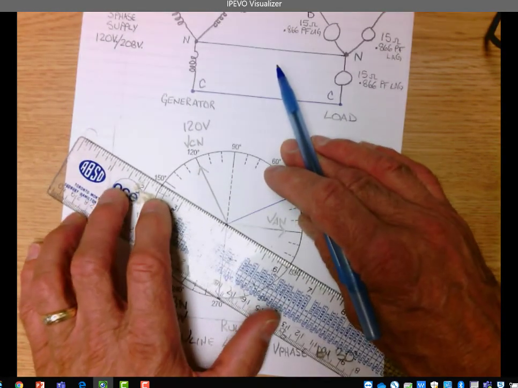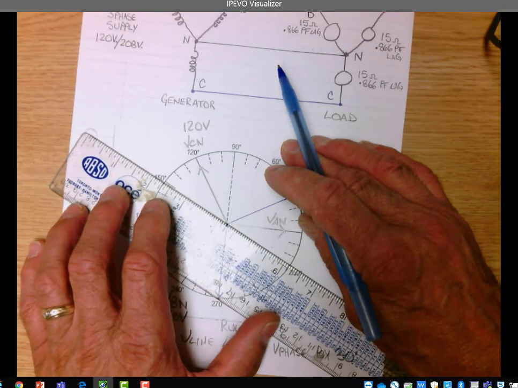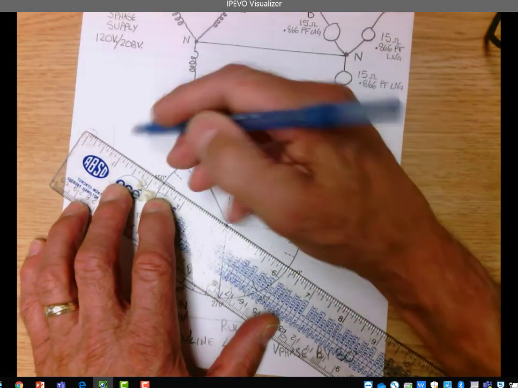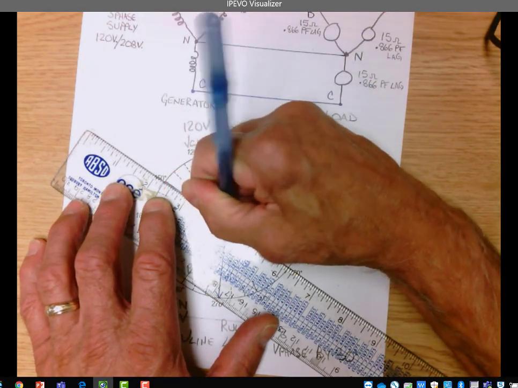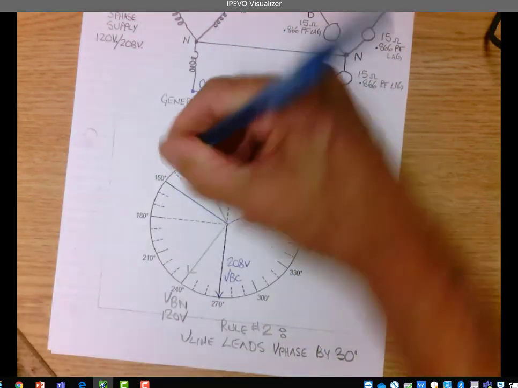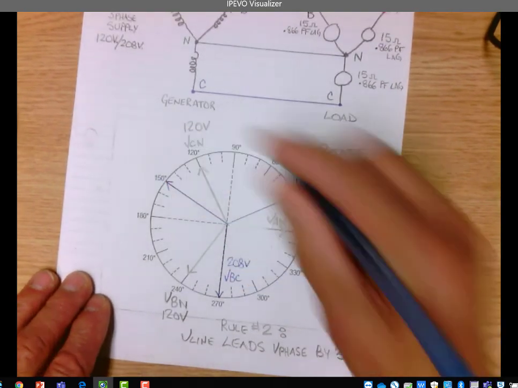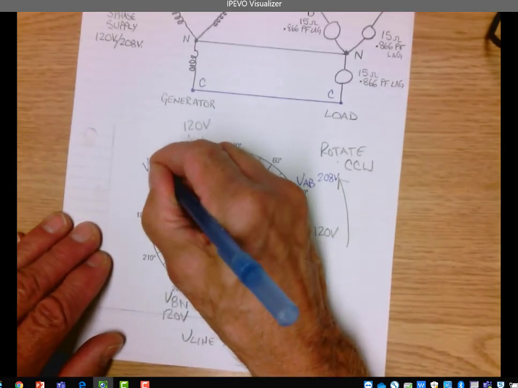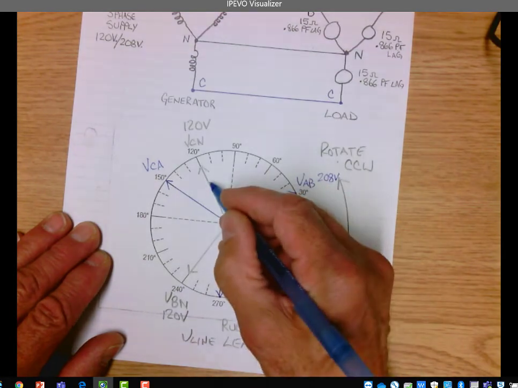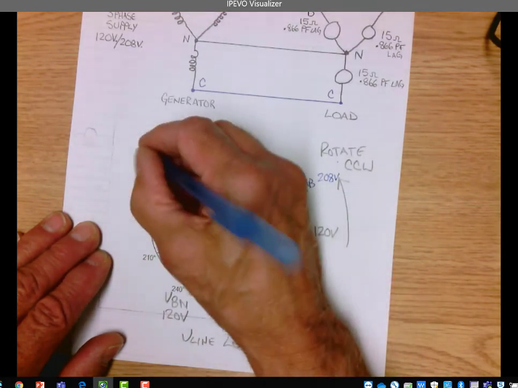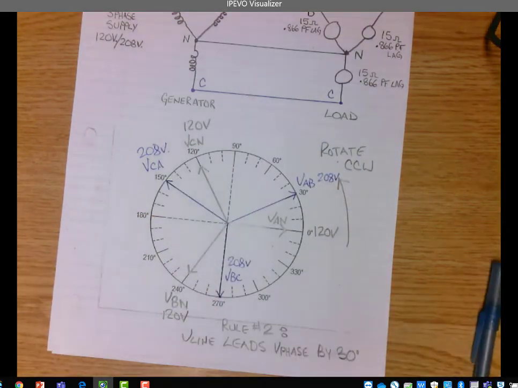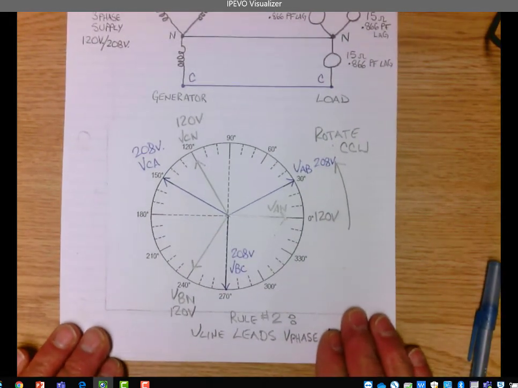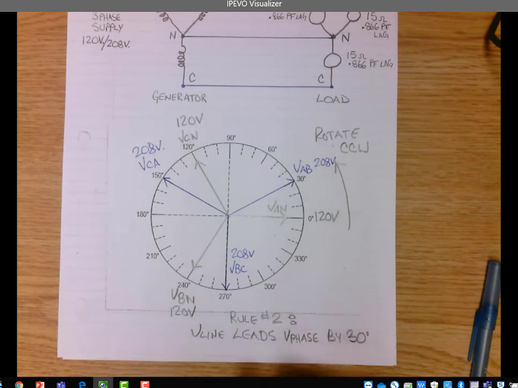So we would put VC to A right here. VC to A leads VC to N by 30 degrees ahead of it, and it is 208 volts. So that is where the voltages go on a standard Wye system.